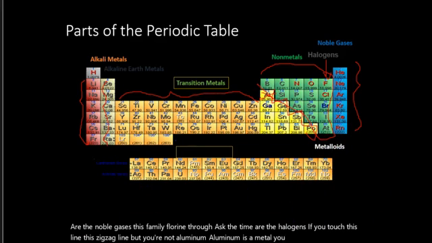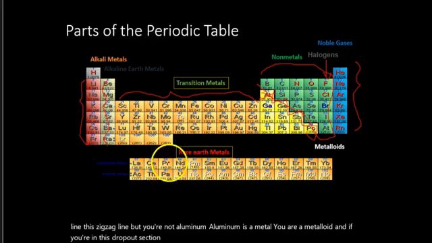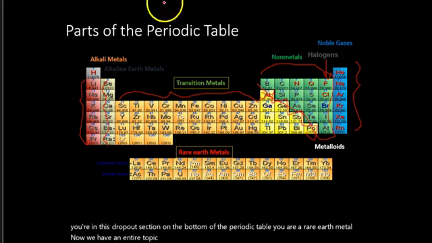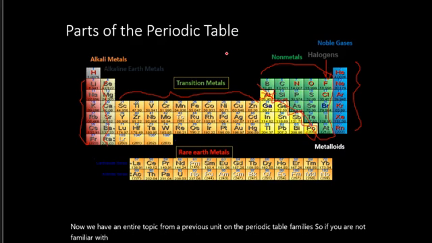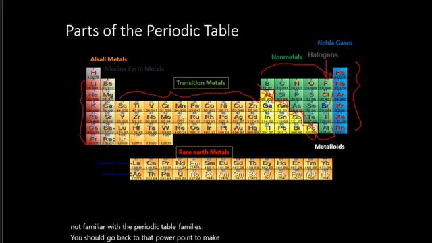And if you're in this dropout section on the bottom of the periodic table, you are a rare earth metal. Now we have an entire topic from a previous unit on the periodic table families. So if you are not familiar with them, you should go back to that PowerPoint to make sure you know all the families of the periodic table.